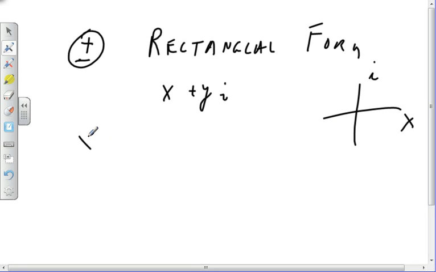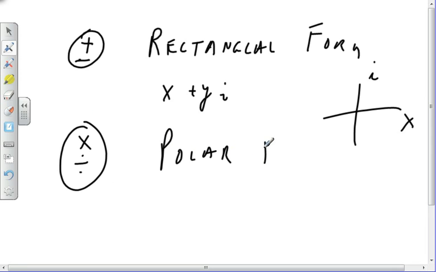If I want to multiply or divide, then I want to be in polar form: magnitude angle theta. We often use R meaning resultant, but we'll go with M for magnitude.